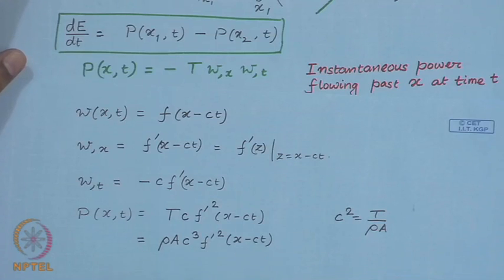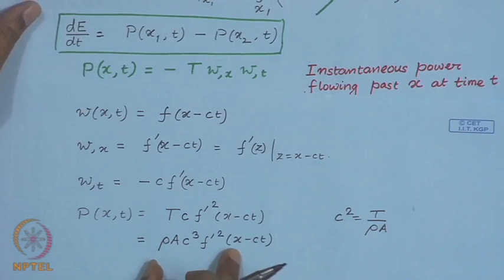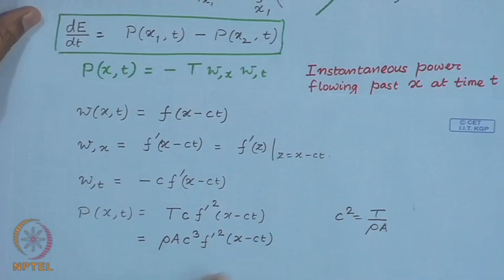So, that is the instantaneous power flowing past the location x at time t.